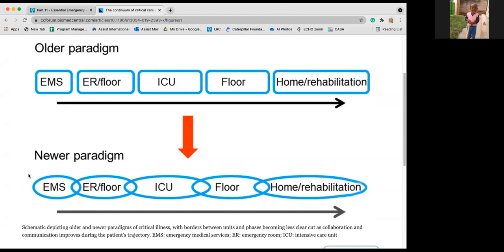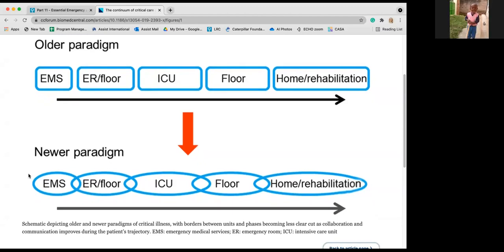Okay, thank you. So if we remember the question that we were answering, we have the old paradigms where it started at the emergency medical service, where it started from emergencies, and then emergency room or emergency floor, then to ICU.